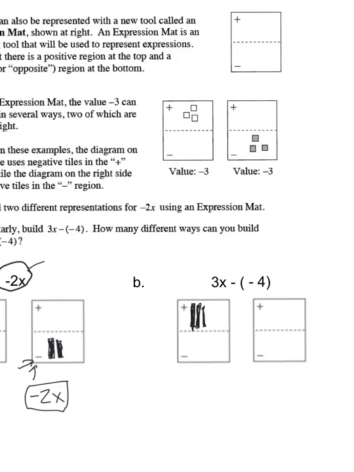I have three x tiles, and then I have the opposite, or the negative, so I'm going to put it down here. Well, what am I going to put down here? I'm going to put this down here. So then I would simply just draw negative 4 on the bottom.